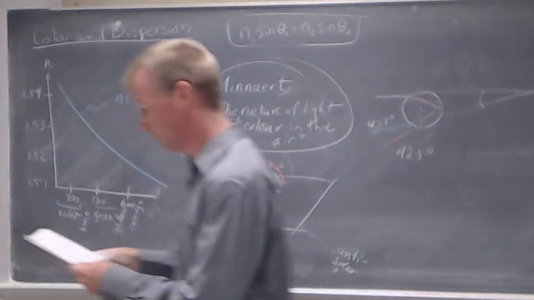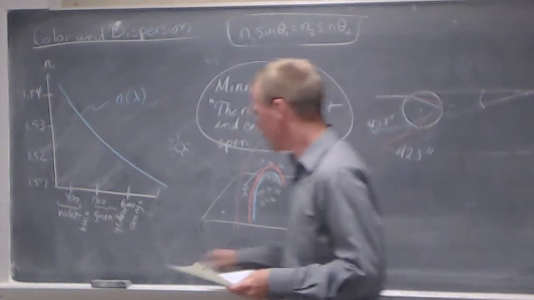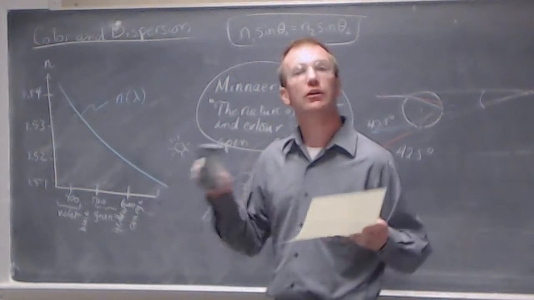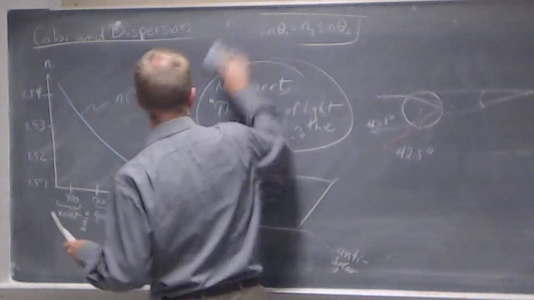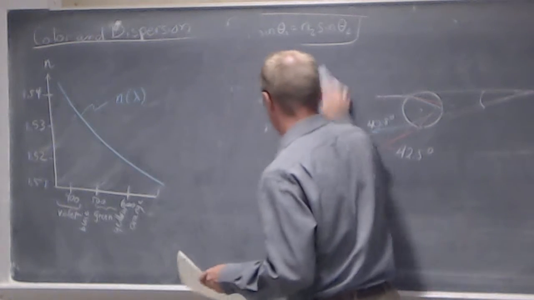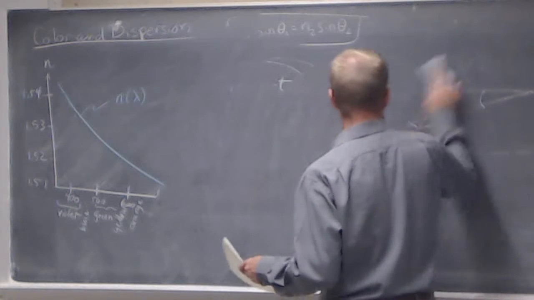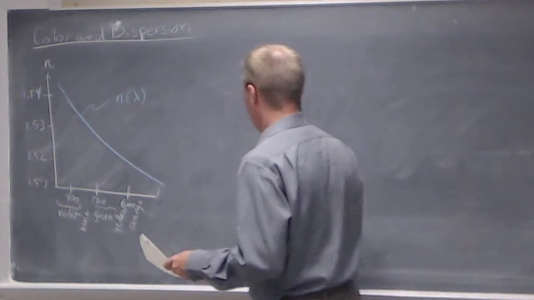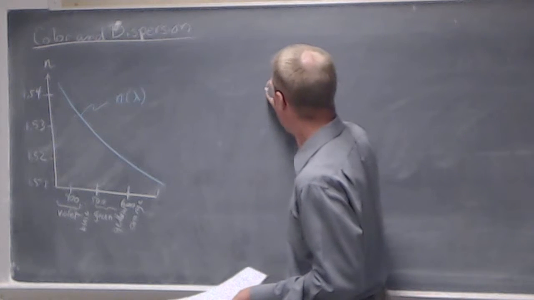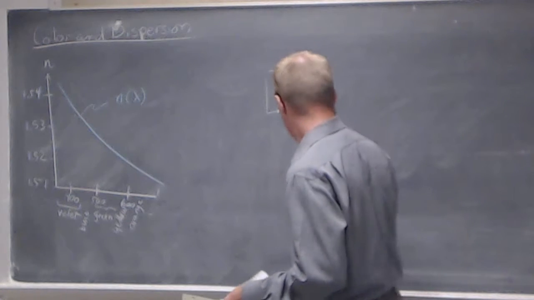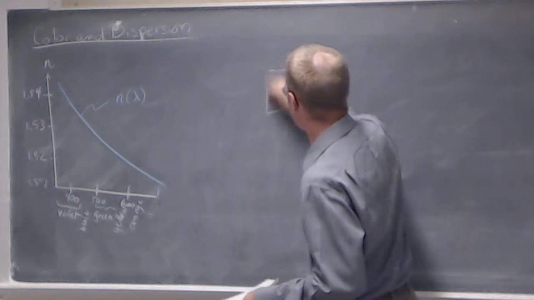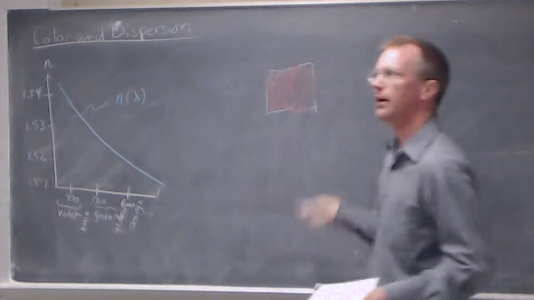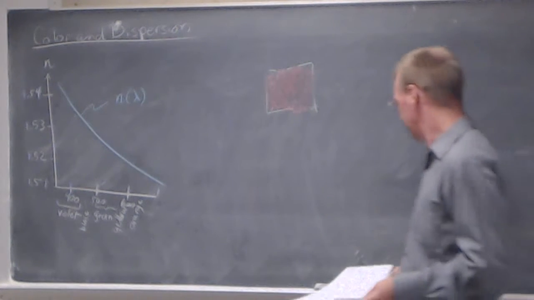Now another application is you can make color filters. Let's take a look. I'm going to leave this chart up here for a moment. So, if you have a filter and you shine light through and it looks red, why is that?